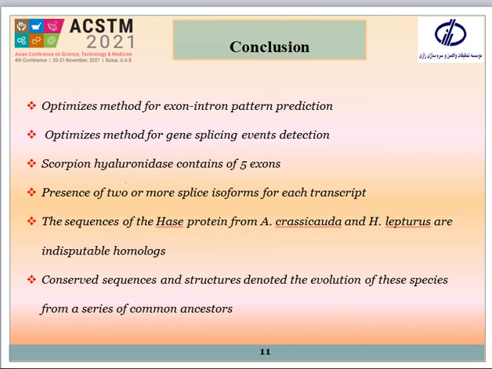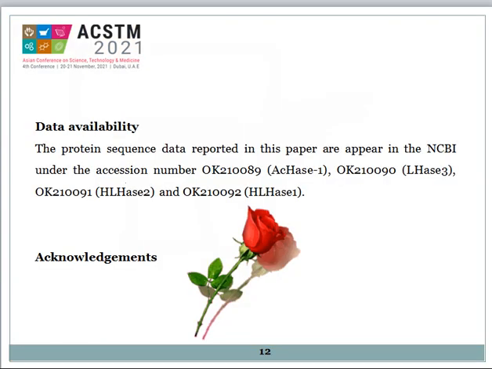Furthermore, by using this study's method, we can evaluate the relationship between different species of arthropods. The protein sequence data reported in this paper appear in the NCBI under the following accession numbers, as you can see in this slide.